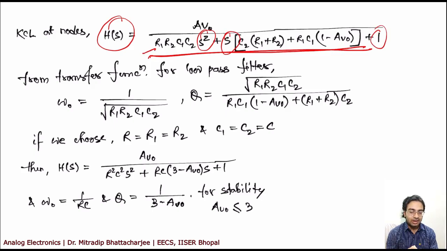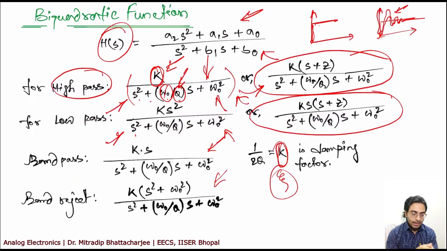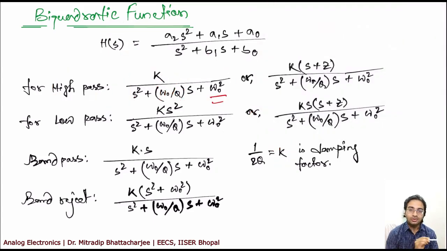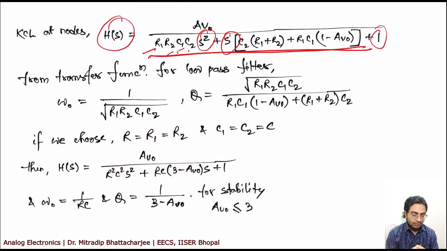Anyway, R1, R2, C1, C2 are the constant values that you need to figure out, but it's something similar to the function that we have seen, K divided by S square plus omega 0 by Q S plus omega 0 square. So it is of this form. So you have your transfer function ready, and you can very easily find, if you compare it with the function that I just showed you, your omega 0 and Q value.